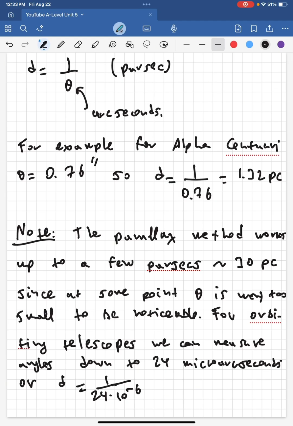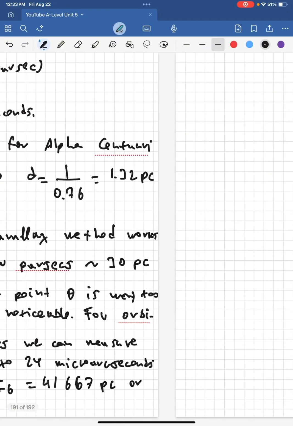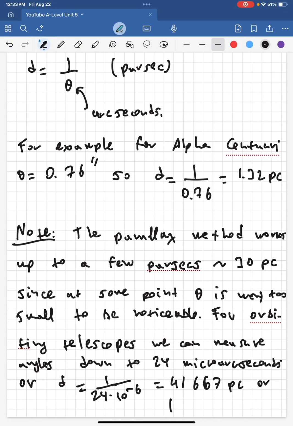So that's why I wrote that down. So that's 41,667 parsecs, or in light years, that's actually, let me write it down here, 136,250 light years. Okay, and yeah, you see how we can measure the distance to stars.